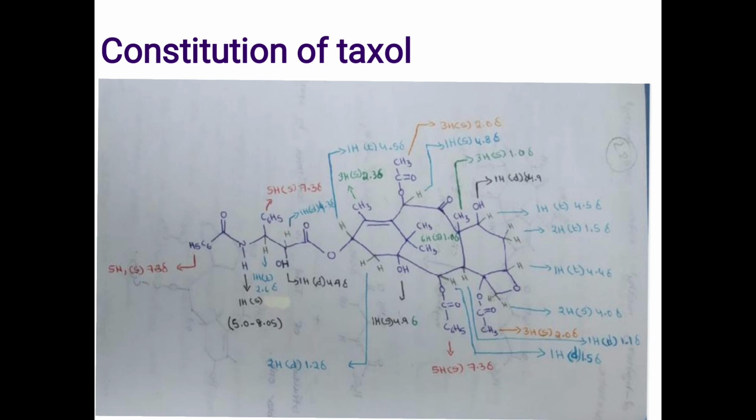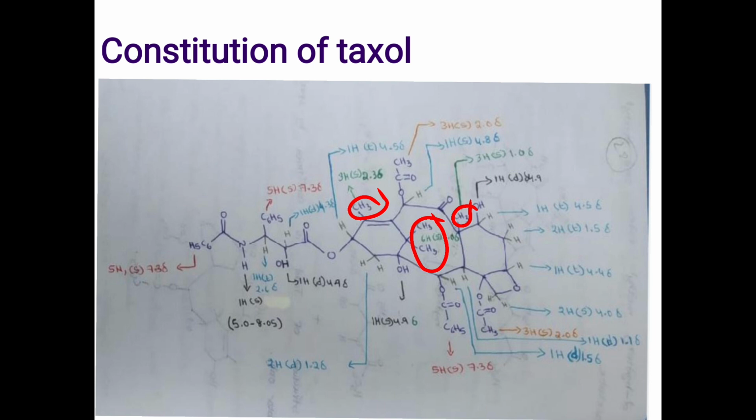Next, protons in methyl groups. Taxol contains a total of 4 methyl groups in the structure. Let us see where the methyl groups give signals.